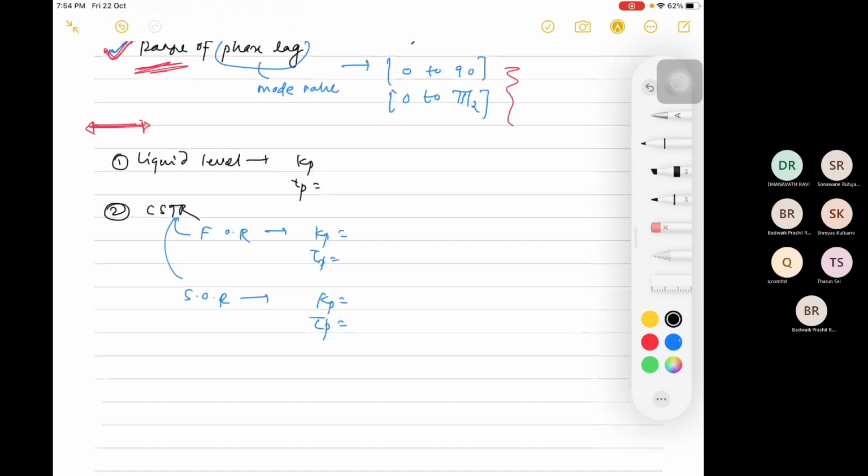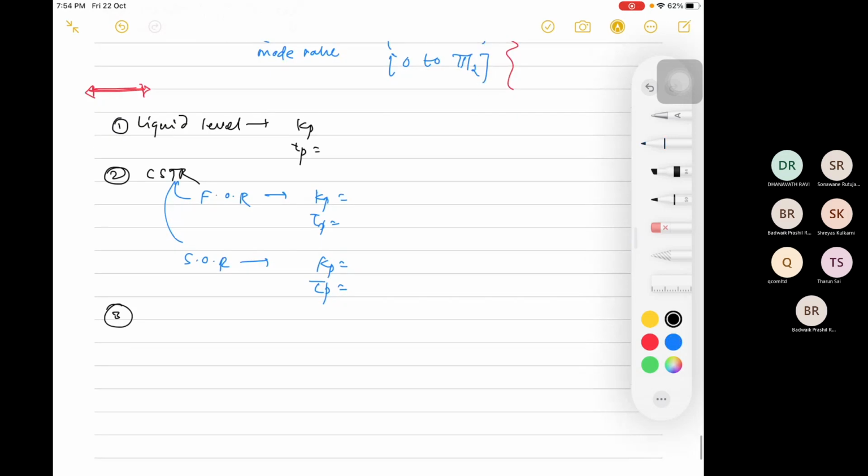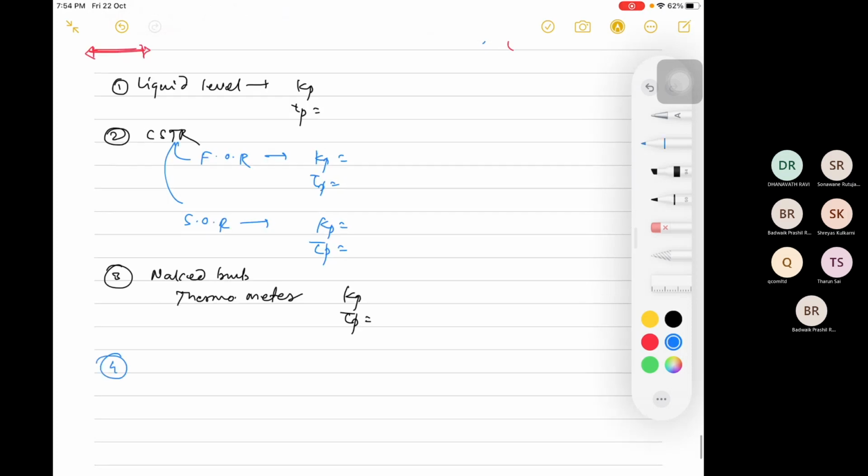Then third is naked bulb mercury thermometer, or directly mercury thermometer. What is Kp and what is tau p? Fourth one is stirred tank heater. Instead of this, take the mixing process first.